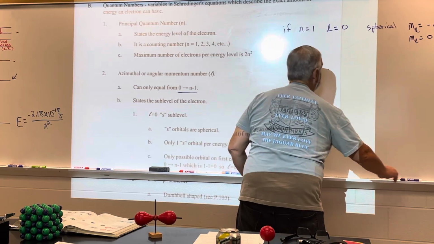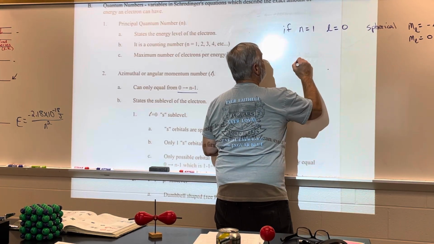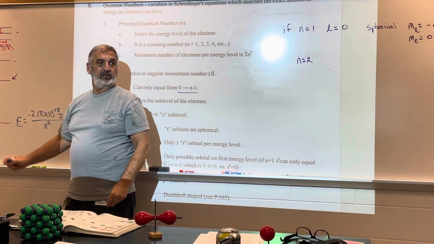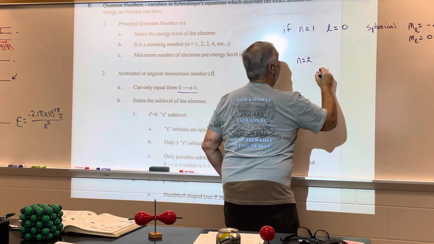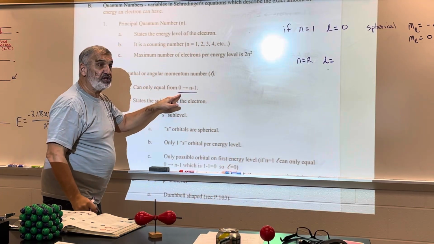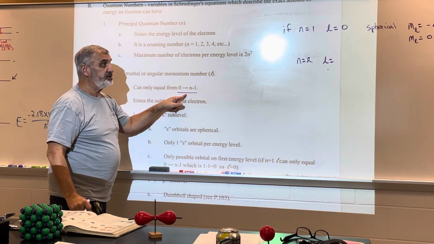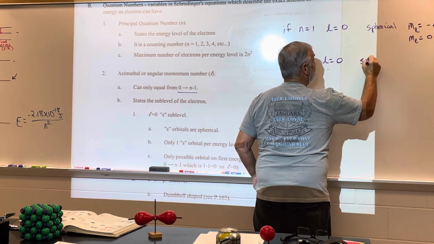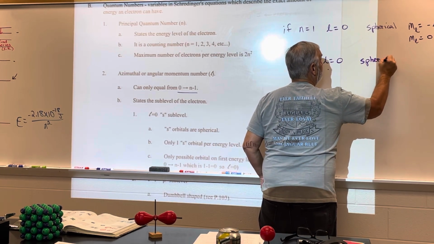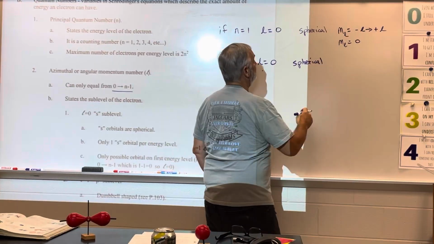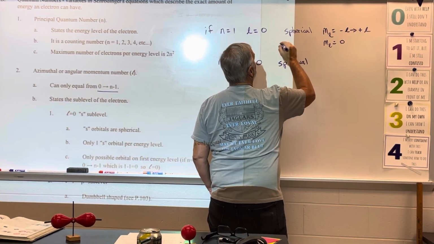But if I go to n equals 2, the second energy level, L can equal from 0 up to n minus 1. So it can always equal 0, which means I can have another spherical S sublevel.